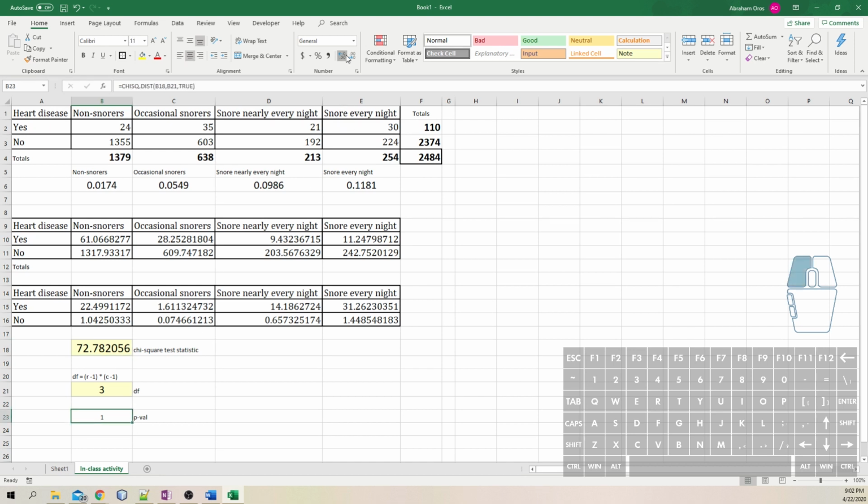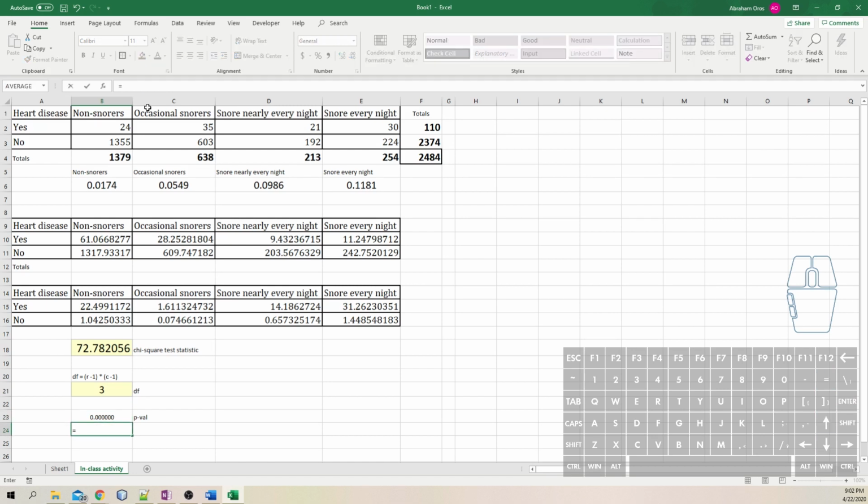Okay, so that's quite a big number. That's basically all of it, right? Is under that to the left. But what we care about is what's to the right of it. And you can do that one of two ways. One way is to say 1 minus this number. That gives you everything to the right, which is about 0%.